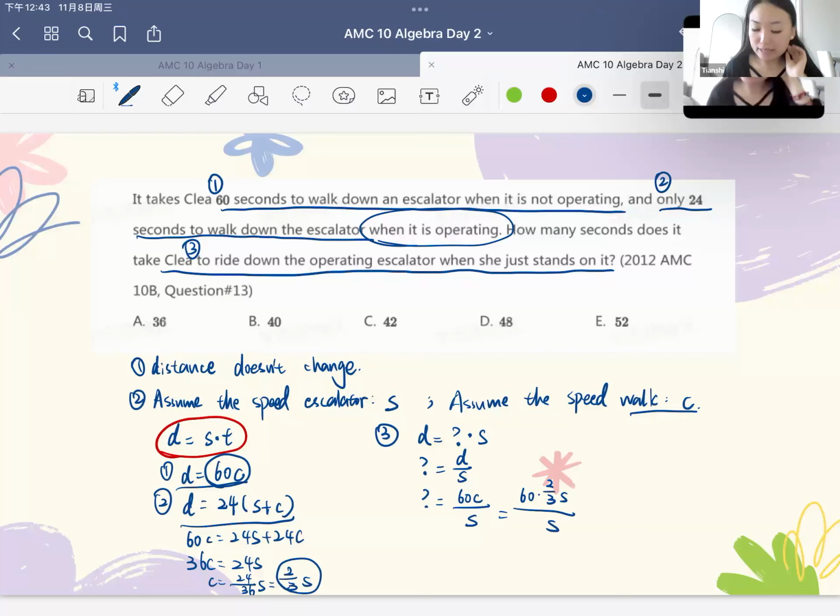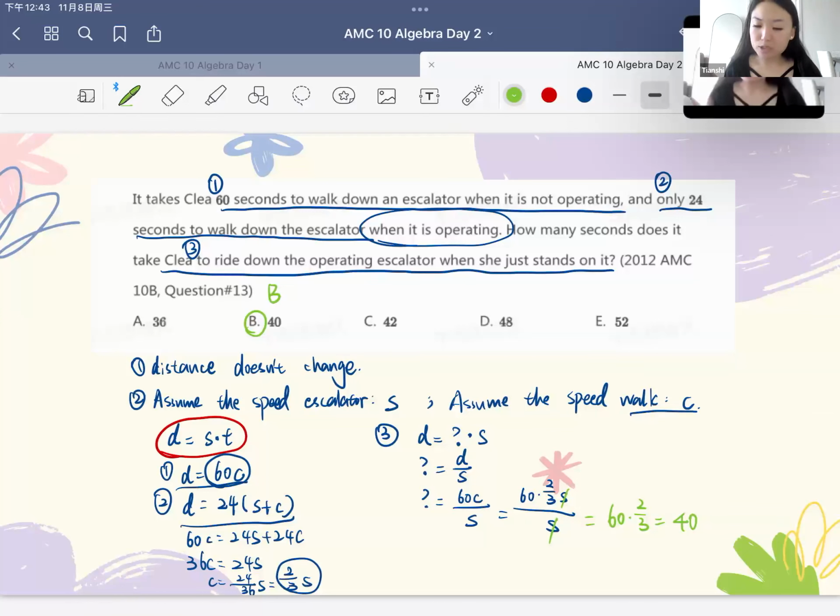Here the numerator and the denominator both have s, so we can cancel s. So the time in the third scenario will just be 60 times 2 over 3, so it's 40. So the answer for this question will be B, 40.